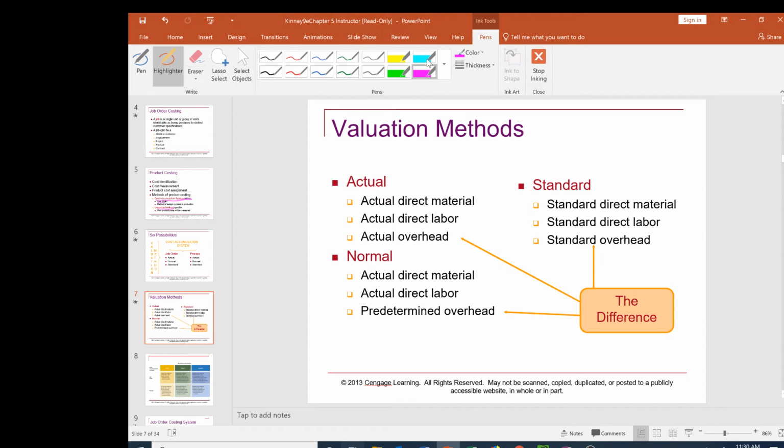Don't let the terminology fool you when we look at problems. It won't fool you. Actual is your actual, and your normal is actual and predetermined, which we've done both of these, okay? We've done the actual, we've done the normal. Standard, we'll look at standard in a later chapter.